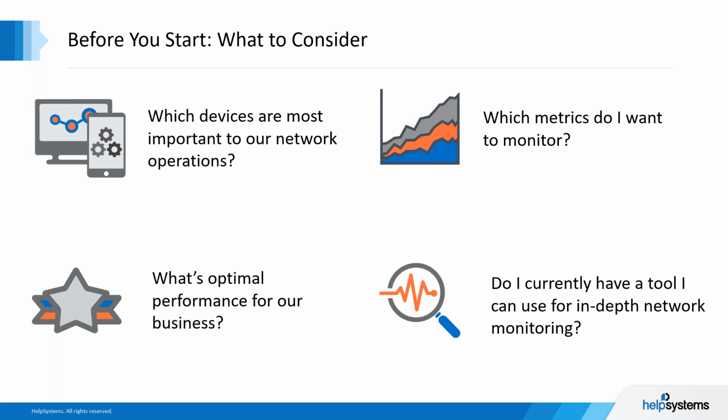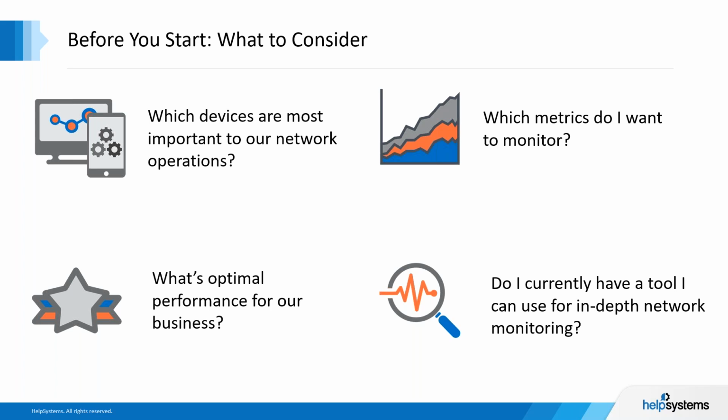Before we get started, we want to look at our network as a whole, and then determine which devices are most important to our operation. We want to identify those core infrastructure devices right off the bat, and make sure that we know and have records of those devices.